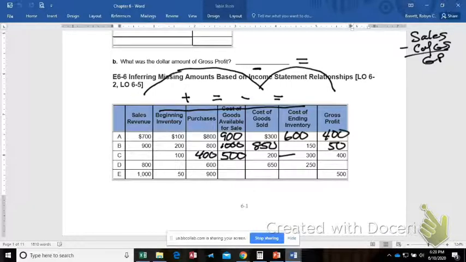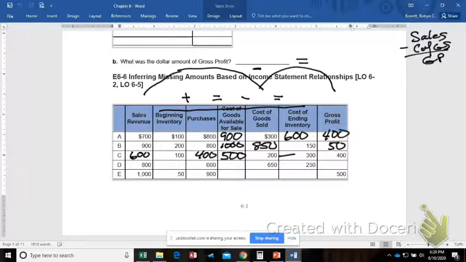All right, and then to come up with sales, we have our cost of goods sold of 200. We have a gross profit of 400, so that means our sales has to be 600. Yep. And then you double check it. 600 minus 200 gives you 400.